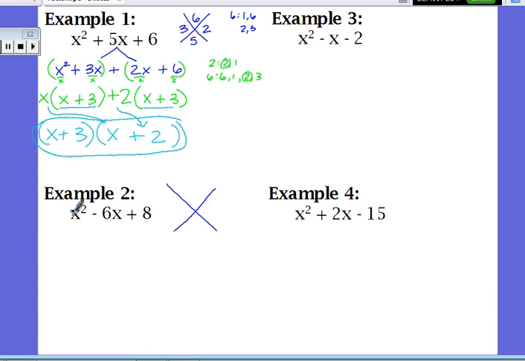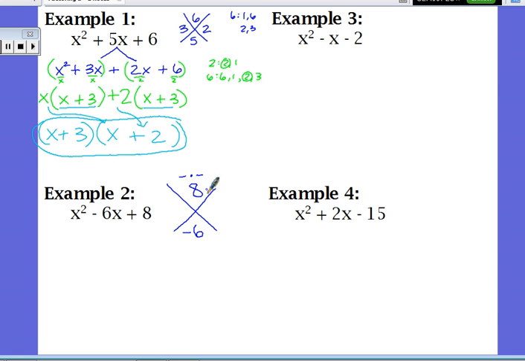Again, a times c, a is 1, c is 8, goes in the top, and then -6, we take the sign and the number, goes in the bottom. Because I have a positive product but a negative sum, that means I'm doing a negative times a negative. A negative times a negative ends up getting me a positive product, but then a negative sum.